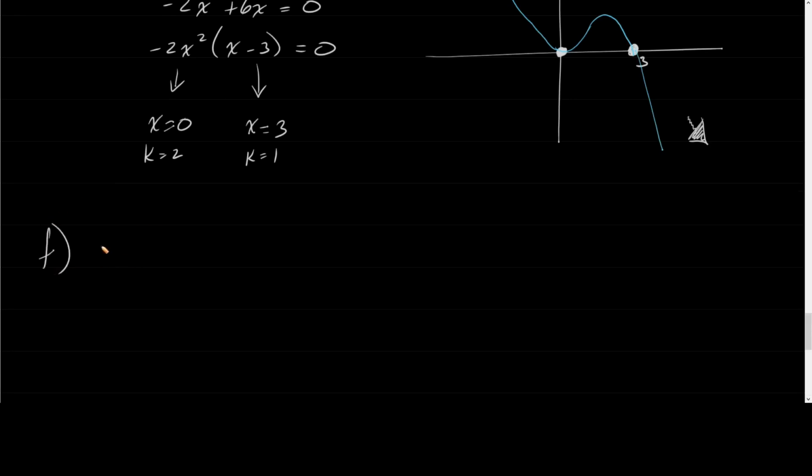Let's say that we have f of x is equal to negative 1/4 x to the 4th plus 3/2 x to the 3rd, not x to the 5th, x to the 3rd minus 9/4 x squared. All right, so let's see.